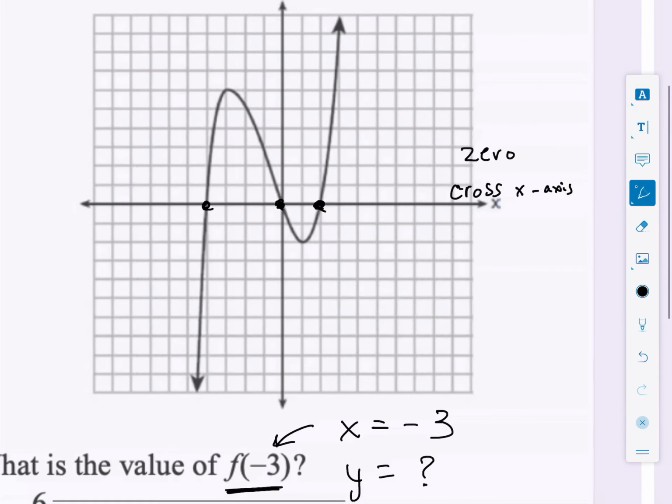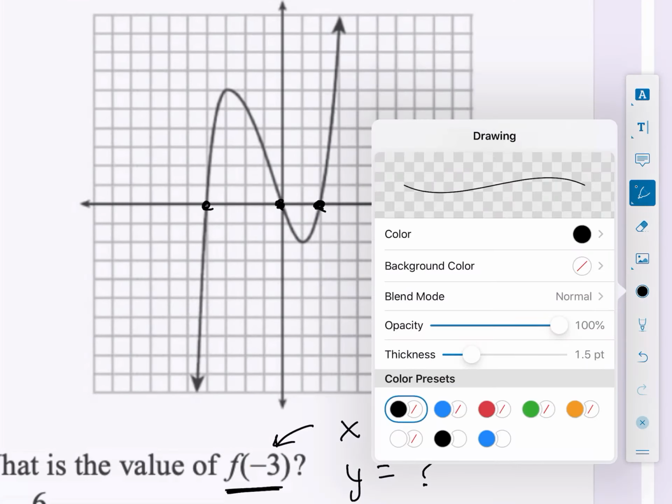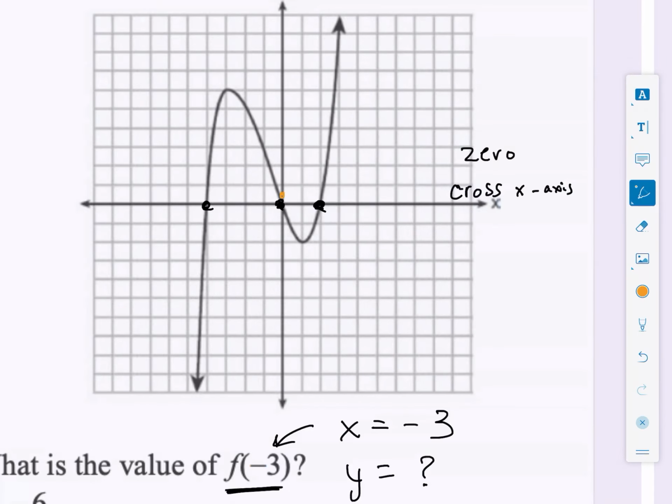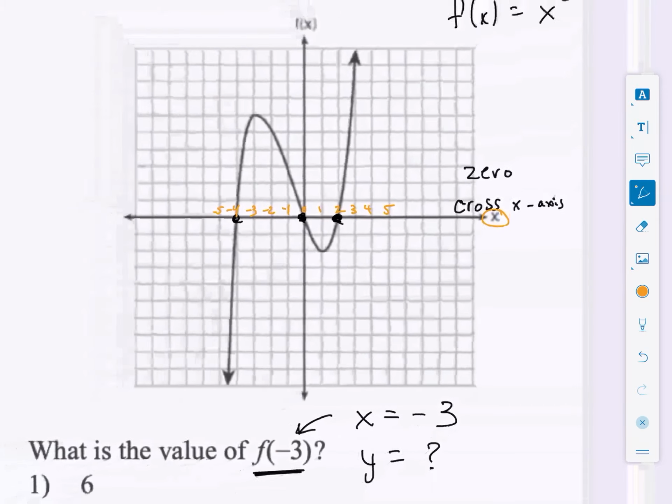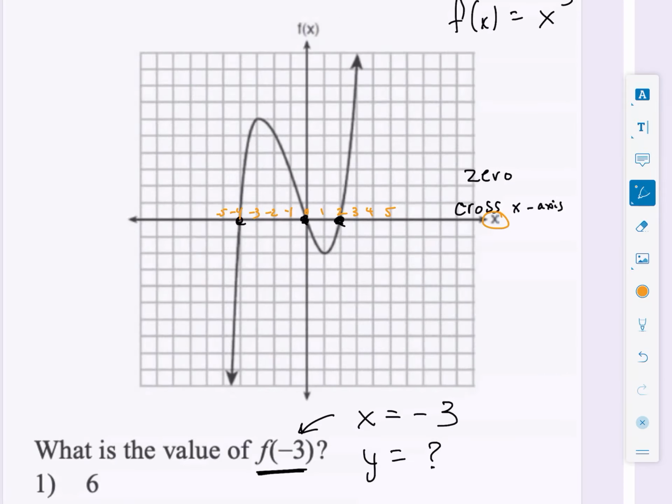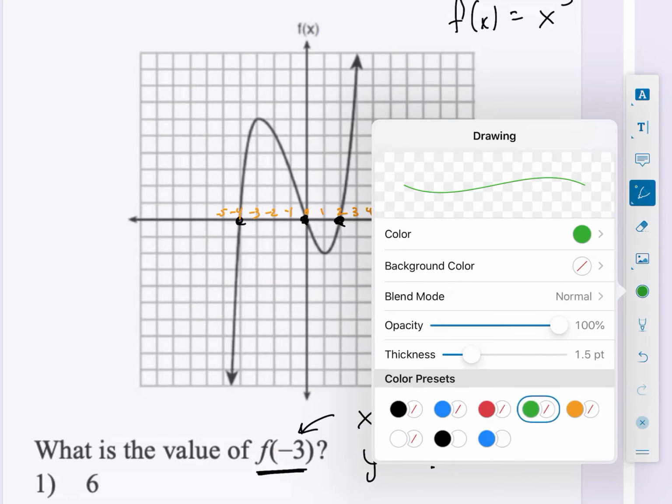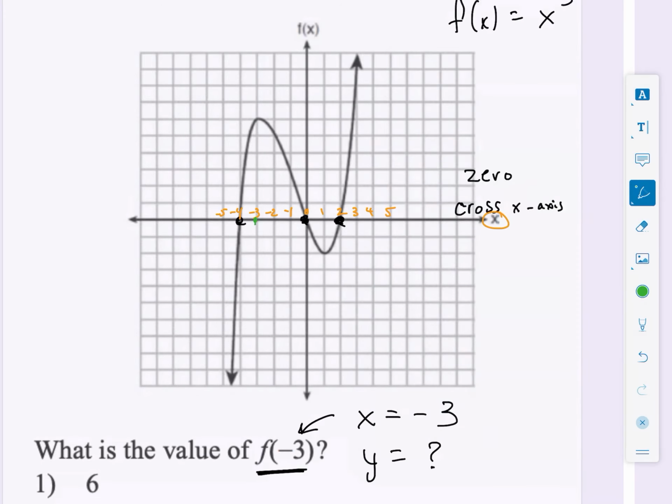So, I'll go on my graph, and let's use a different color here. 0, 1, 2, 3, 4, 5. And again, I'm looking at my x-axis, and I want to find out where negative 3 is. Well, lucky for me, I know that negative 3 is all along this line.